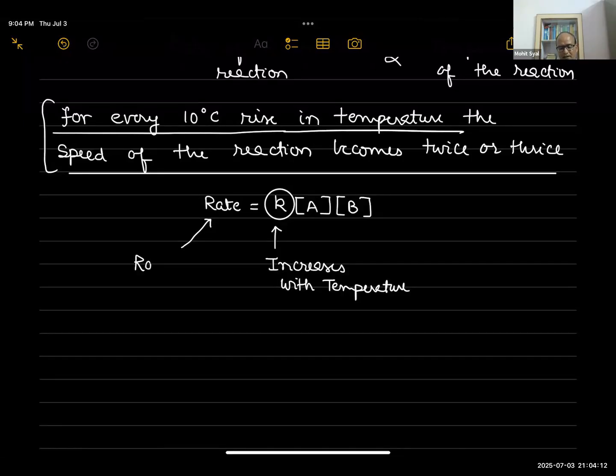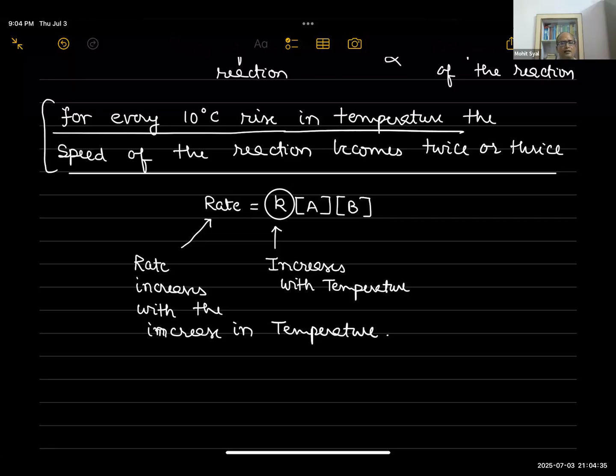And that is why the rate. Is it clear to everyone?